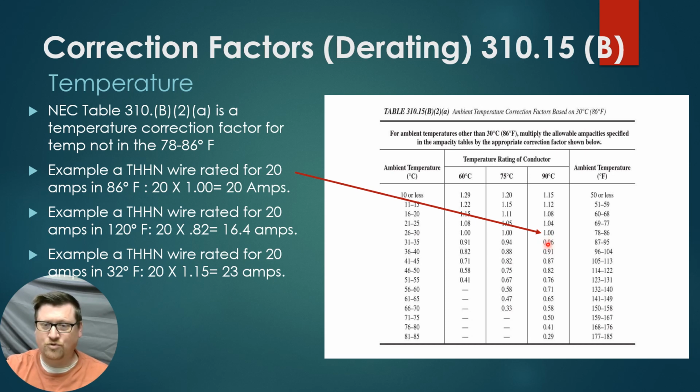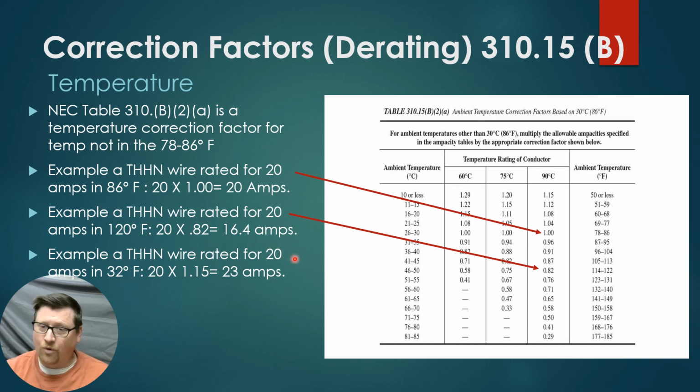My correction factor is 1. So 20 amps times 1 is still 20 amps. Now if that temperature is, say, 120 degrees Fahrenheit, I'm only good for 0.82 of what that wire could hold before. So 20 times 0.82, I get 16.4 amps.